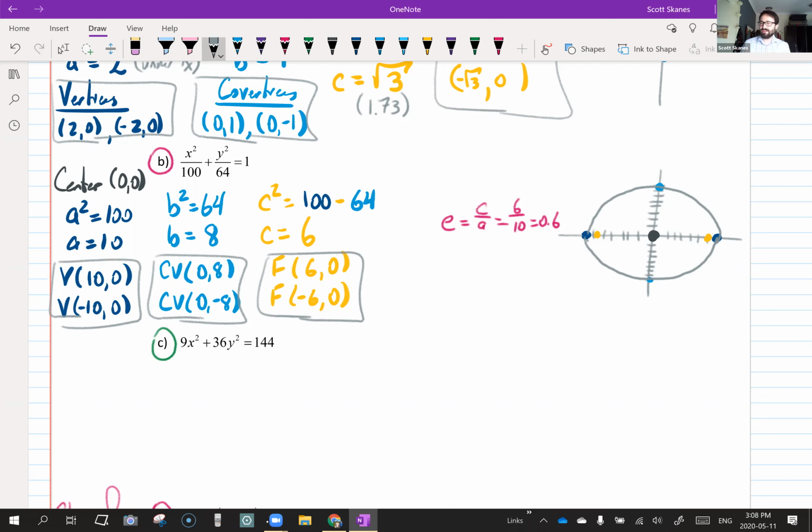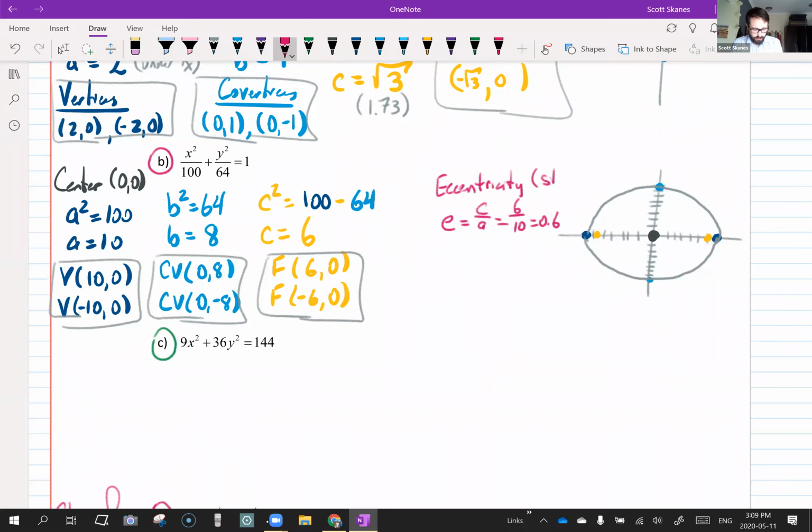All right, any issues on that? Point 6, that's the eccentricity. It wasn't asked for, but if it did ask for it, eccentricity.